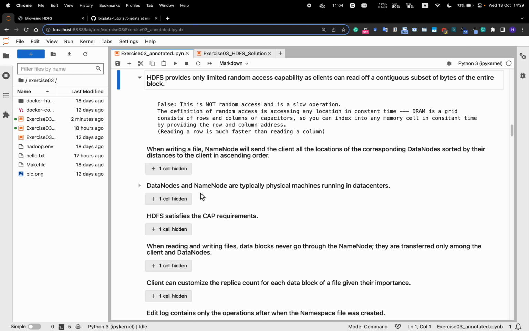Right, so by random access you mean random access of a whole block? No, any byte. It's just slow because you get the whole block. Yes, once you get the whole block, you can scan to get any byte.